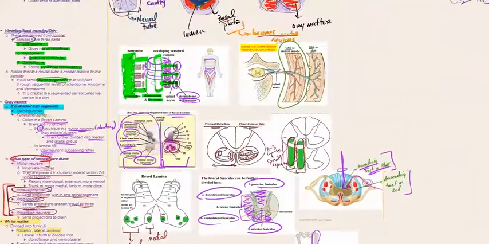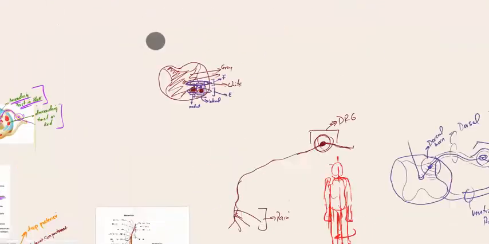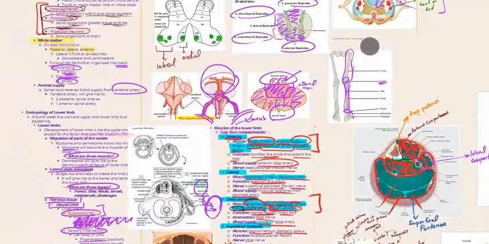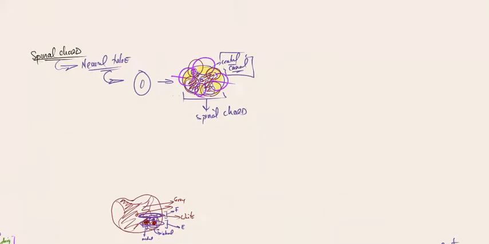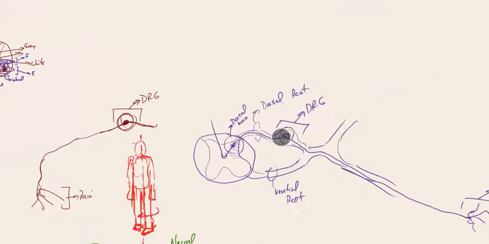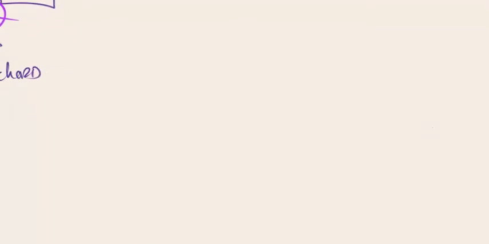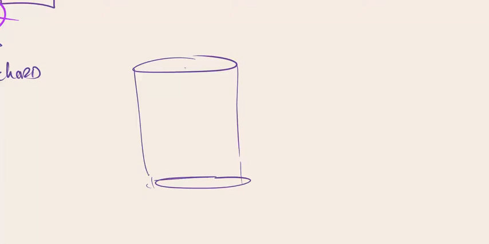Let's see, where did I draw this? I lost it. Okay, I'll draw it again. Let's say this is the spinal cord, and this is the gray matter, right?